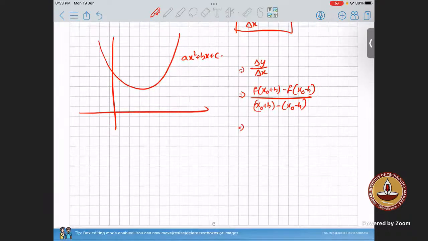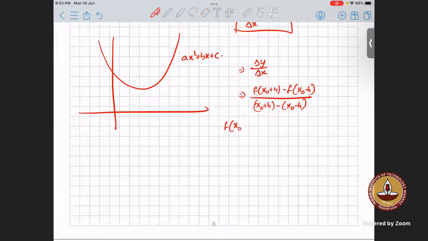Look, f of x naught plus h is equal to a into x naught plus h whole square plus b into x naught plus h plus c.